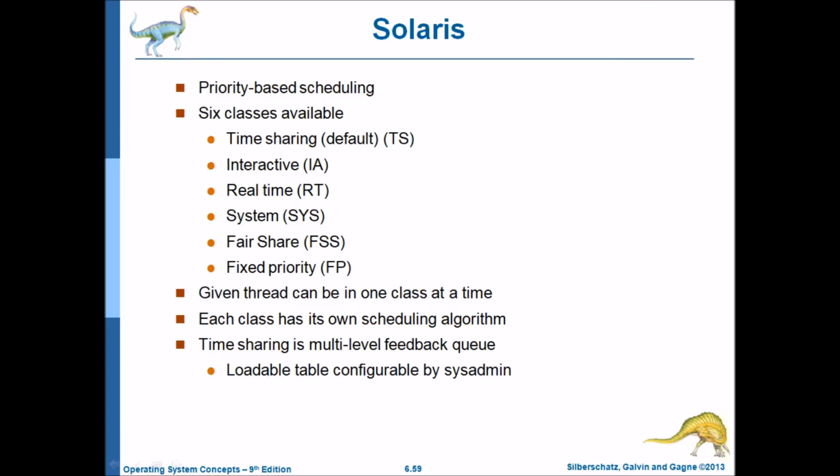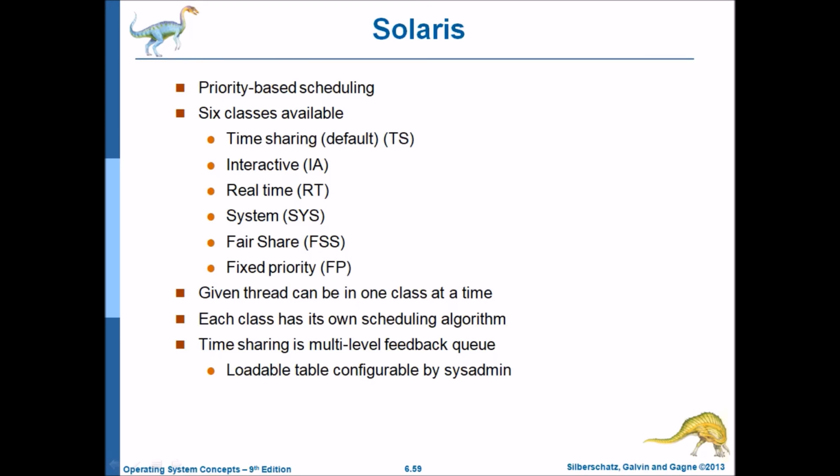Next, we have Solaris. Solaris uses priority-based thread scheduling. Each thread belongs to one of six classes: time sharing, interactive, real-time, system, fair share, and fixed priority. A given thread can be in one class at a time.